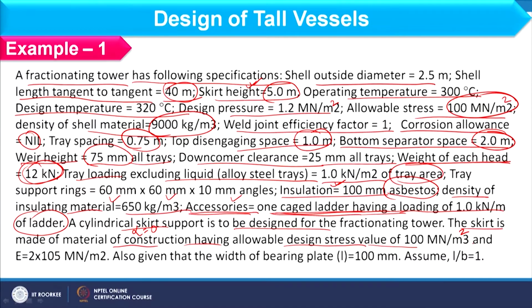Further, elasticity coefficient is given as 2 into 10 power 5 mega Newton per meter square, and width of the bearing plate is given as 100, and small l by b, where l is the gusset spacing, should be equal to 1, right.